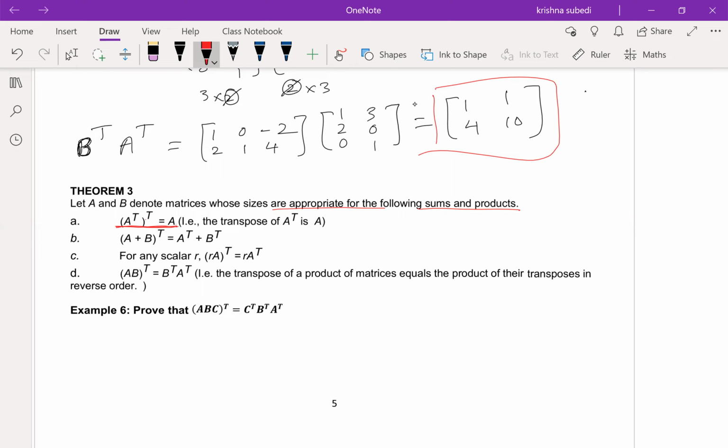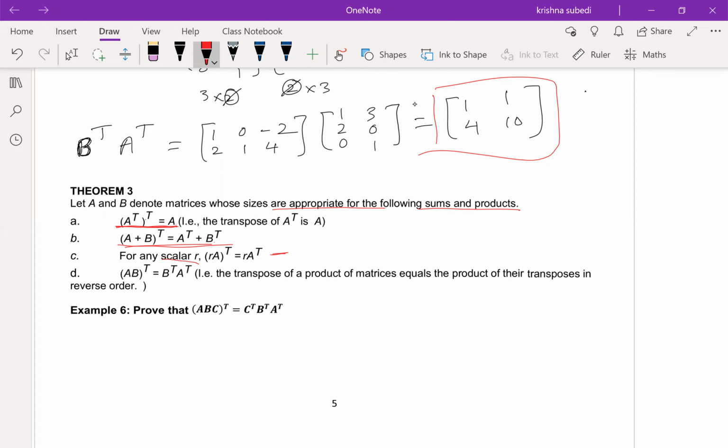In case of addition, A plus B transpose equals A transpose plus B transpose. You can prove this relation with the previous example. Not a big deal. And for any scalar r, yes, we can do that. It's not a big deal again.